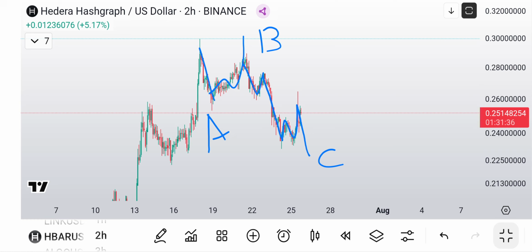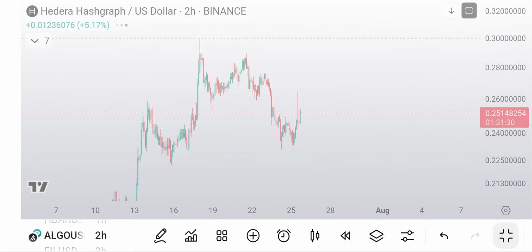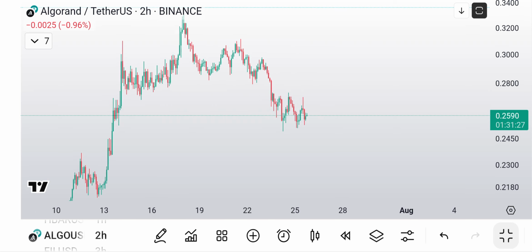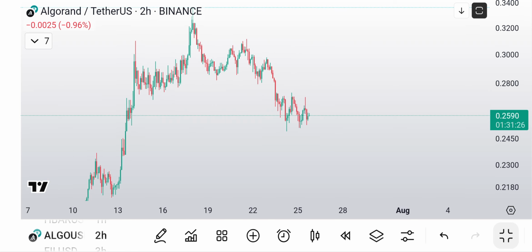Or if the low is in, then we want to see 5 waves up, 3 waves back, and then continue. When I look at ALGO, it just looks a little bit sad. Sometimes you get these triangles, you pop below, and then you go like that. So that's what I think.